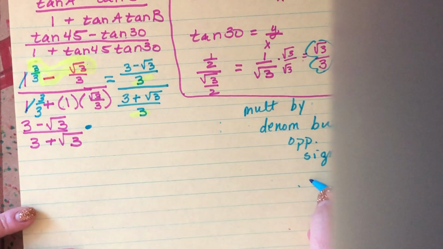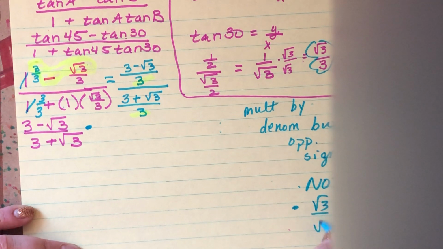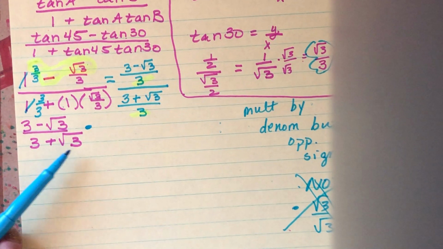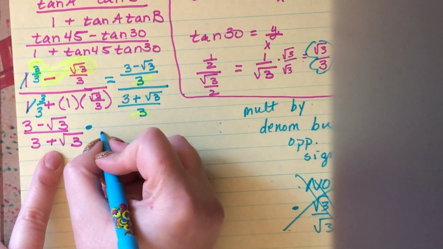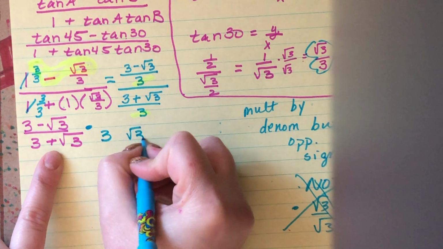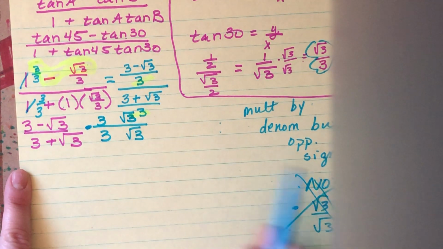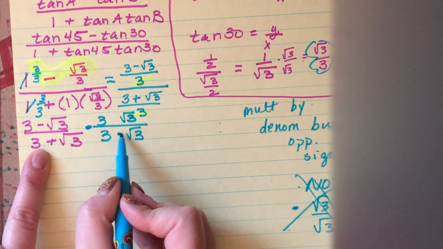So I cannot just multiply by square root of 3 over square root of 3. That's not how life works. Okay, we have to multiply by something called the complex conjugate, which is the denominator but with an opposite sign of this denominator. So multiply. A minus.